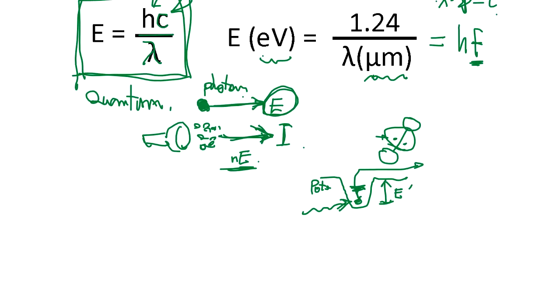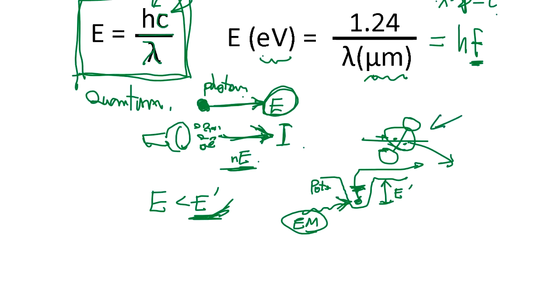Okay, if E is larger than E prime, then the EM wave is going to change the molecule, because when it hits, most likely these electrons go out of orbit and this chemical bonding breaks. So the higher frequency EM wave possibly changes the molecule.